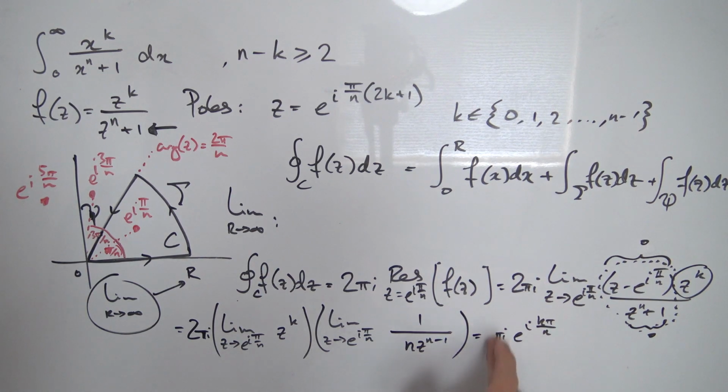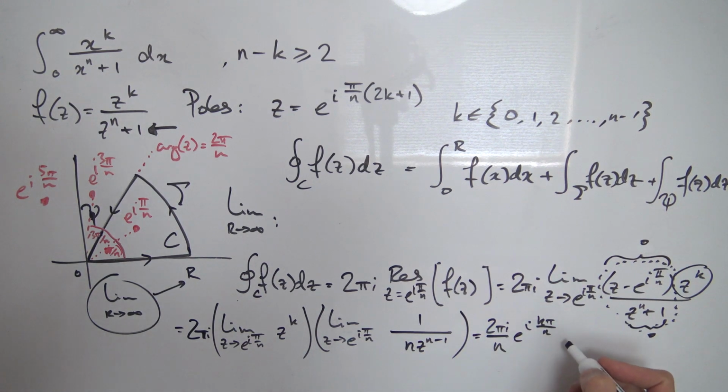It's just a constant in terms of z, so we have 2 pi i divided through by n. And then we have z to the n minus 1 remaining, but I'm going to flip this up to the numerator by multiplying a negative inside of here. And if we multiply the negative inside of the exponent, and we have a negative right here, we can just switch those two terms around. So we have z to the 1 minus n.